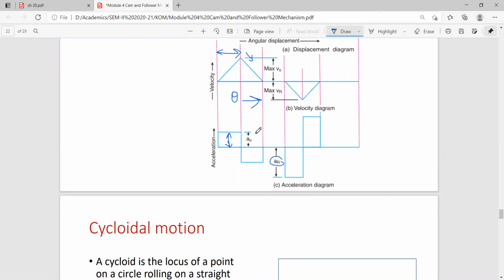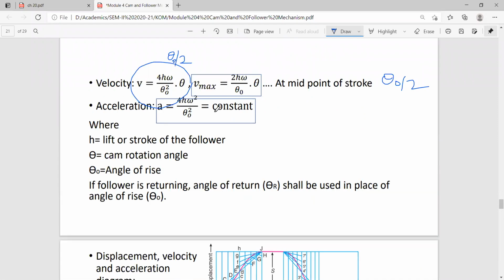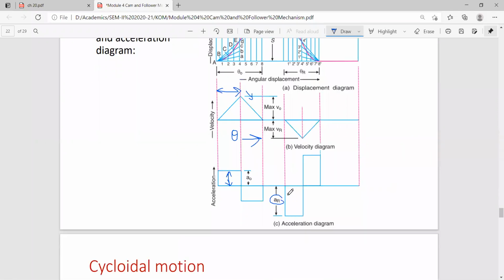In this formula, in place of theta 0 you have to use theta r, that is angle of return, in order to calculate the acceleration. So you might get these blocks of different sizes during the return stroke depending on theta r, like this.